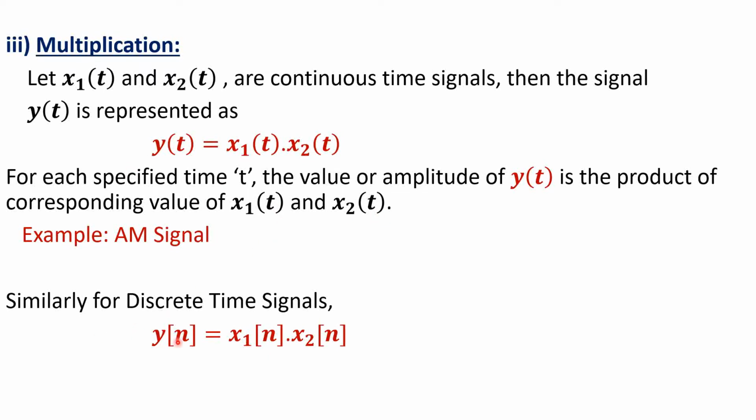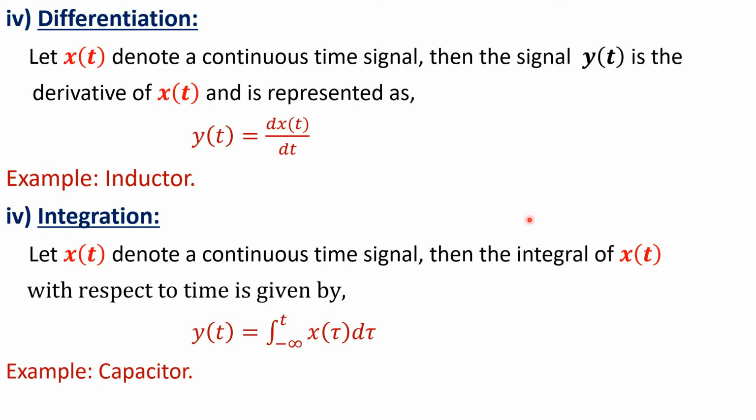Similarly, with respect to discrete time signals, if we consider x1 of n is a discrete time signal and x2 of n is a discrete time signal, then y of n can be obtained by product of x1 of n with x2 of n. Let's take another operation, that is differentiation. Suppose x of t is a continuous time signal, then y of t can be obtained by taking differentiation of x of t with respect to t.